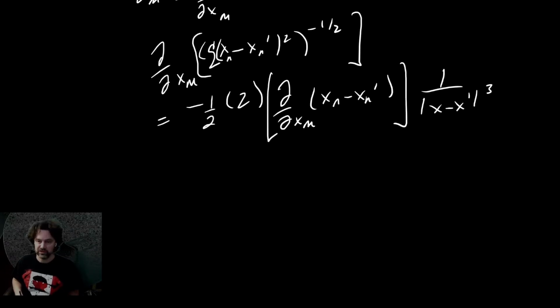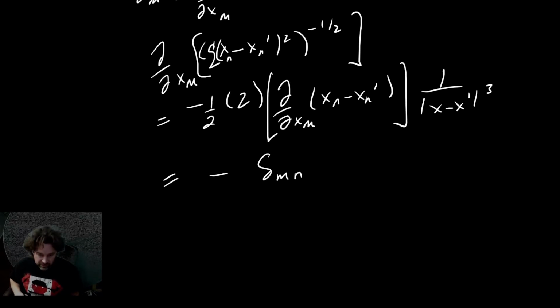And the derivative is just of this. So we compute this derivative. That is just, no, it's a delta. So we have minus delta mn.